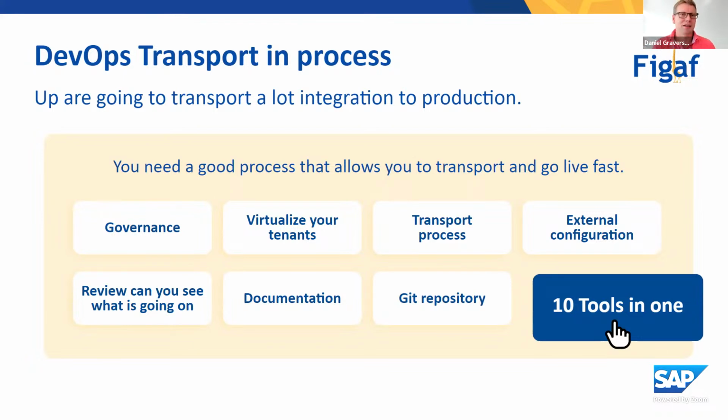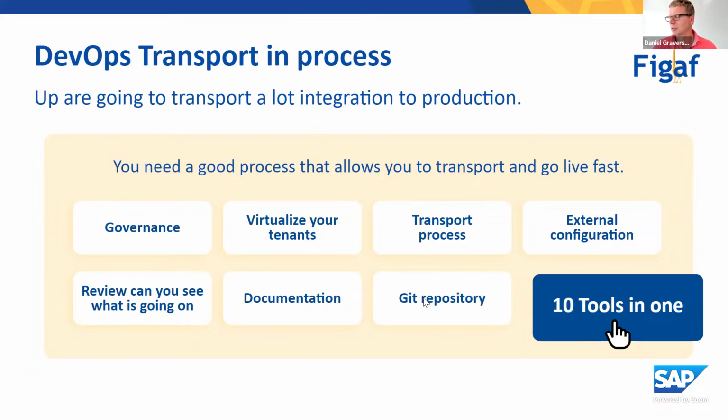Because as I see it, Git is really a good tool, but the way it works in conjunction with a cloud integration is a little difficult, because you don't really have the same way of working, where you just have one version of an object in the cloud integration world, whereas in Git you can have multiple versions. So we wanted to make something that made it easier for you to manage these transports. So all of this is included in the tool.